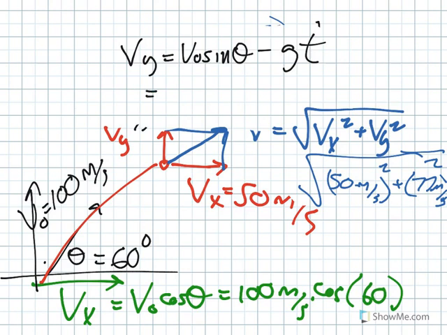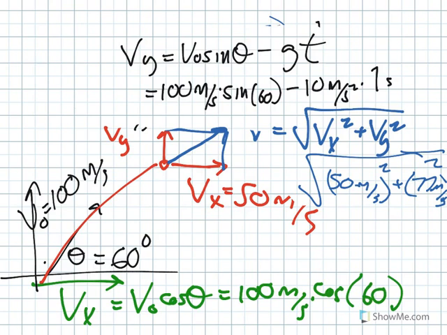So this is going to be 100 meters per second times sine 60 minus, the g is 10 meters per second times 1 second. So this is doing what we just did, right, in like plain English here. 100 times sine of 60 gives you that 87 meters per second, and you subtracted 10 times 1, because it's losing 10 meters per second for 1 second. So there you go. Problem done.